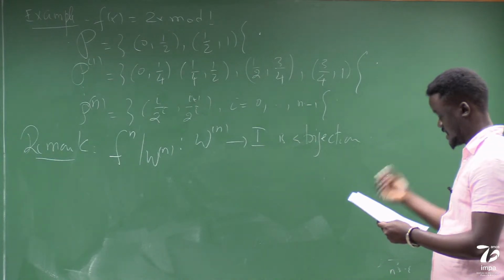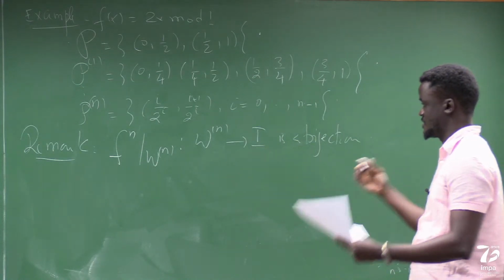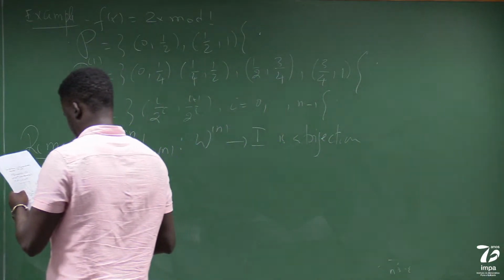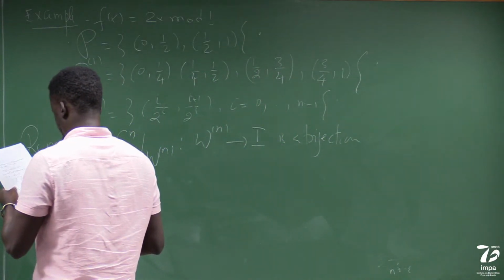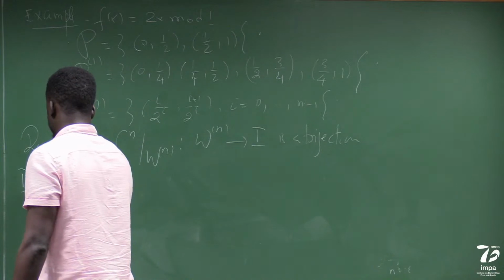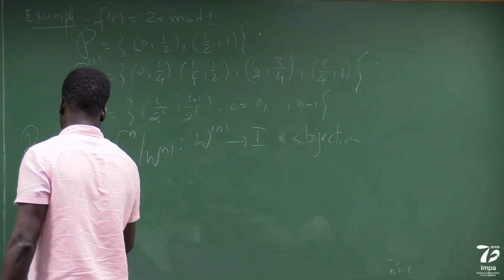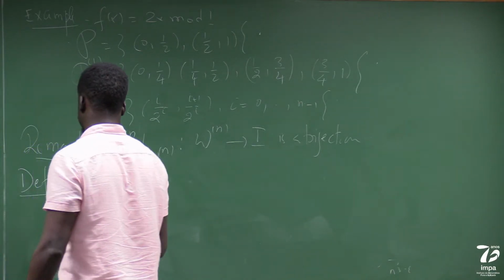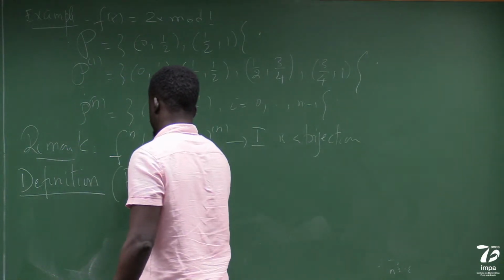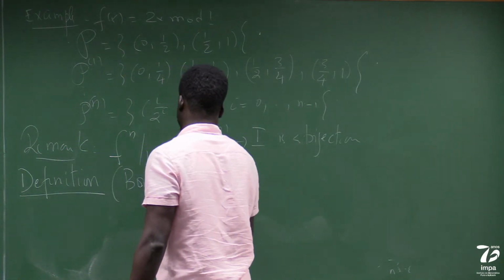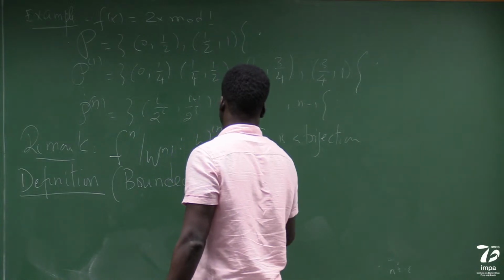So whenever you have a full branch map, you can define this partition. In the definition of bounded distortion, this is a condition that is very important in dynamics.